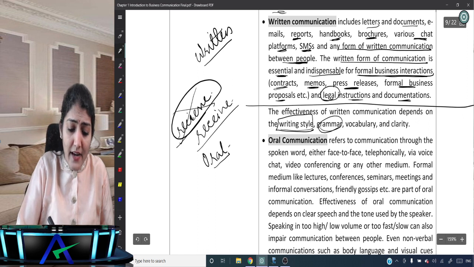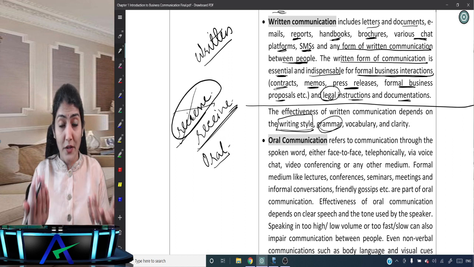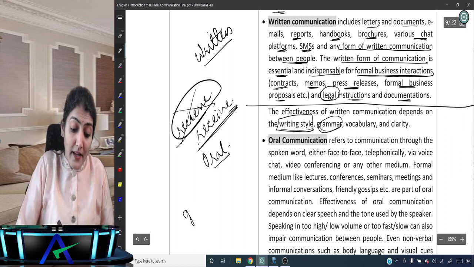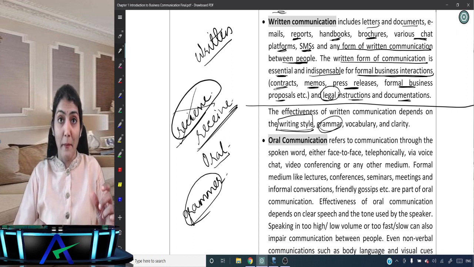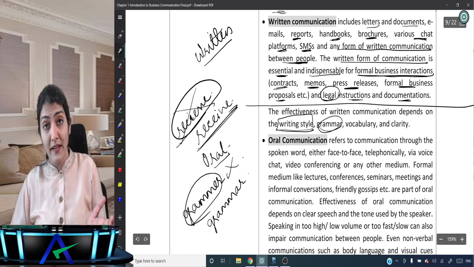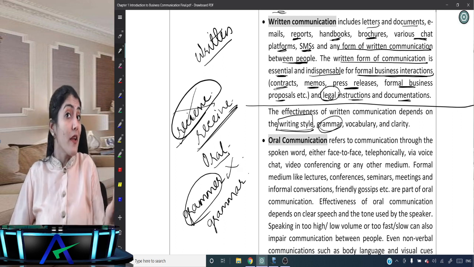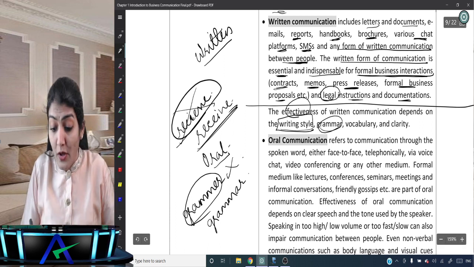It is C-E-I-V-E, it is not C-I-E-V-E. You understand? Many times, even great people make mistakes and write the spelling of grammar wrong. It's not grammer, it is grammar. So incorrect spelling is also not a very effective way of written communication.